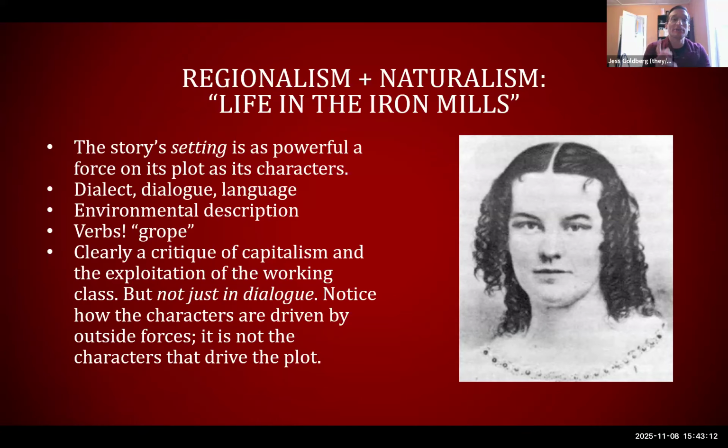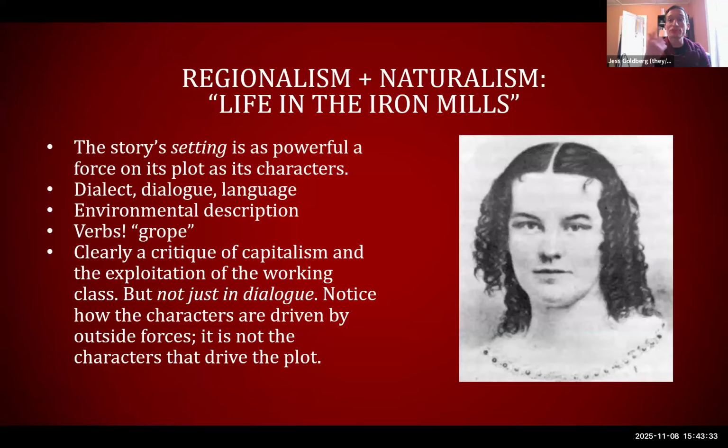But Life in the Iron Mills is very much a regionalist text because in this story, the story's setting is as powerful of a force as its characters. You'll also see a signature aspect of regionalist writing and literature is an emphasis on dialect, dialogue, and language.